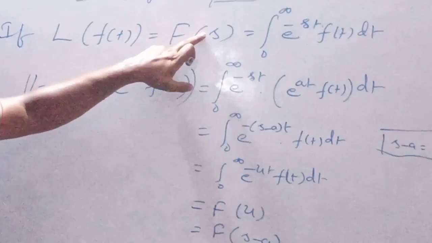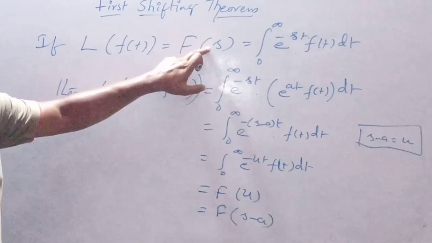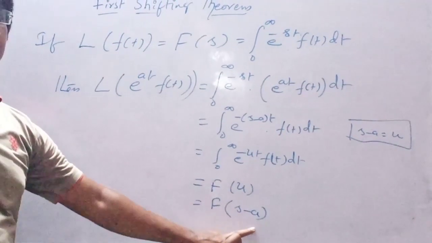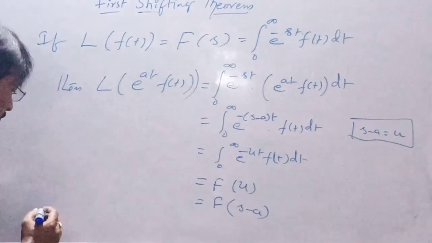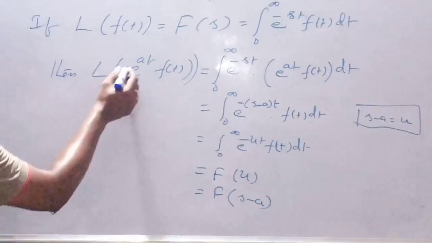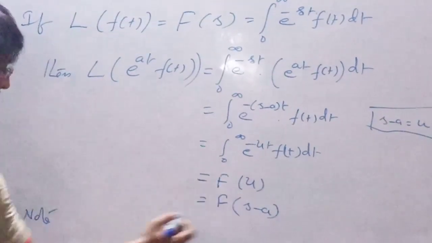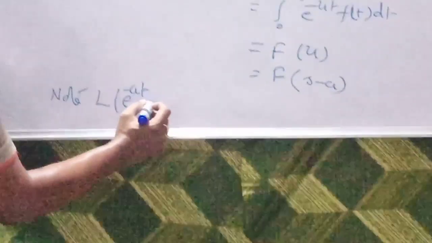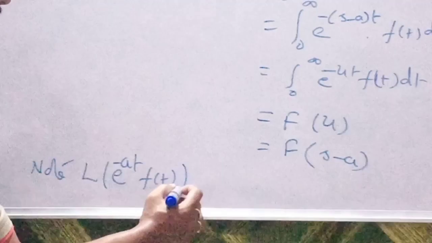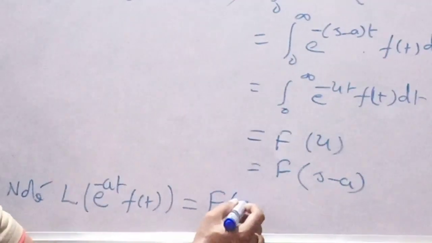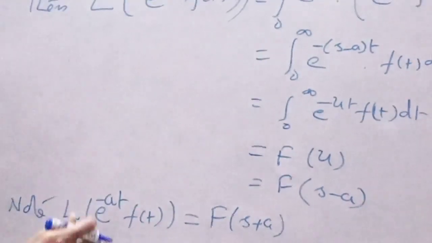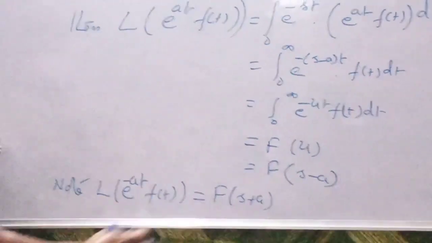Here s is shifted to s minus a. Take a note: for e to the power of minus at f of t, the Laplace transformation equals F of s plus a. Whenever we have minus at, it is s plus a.